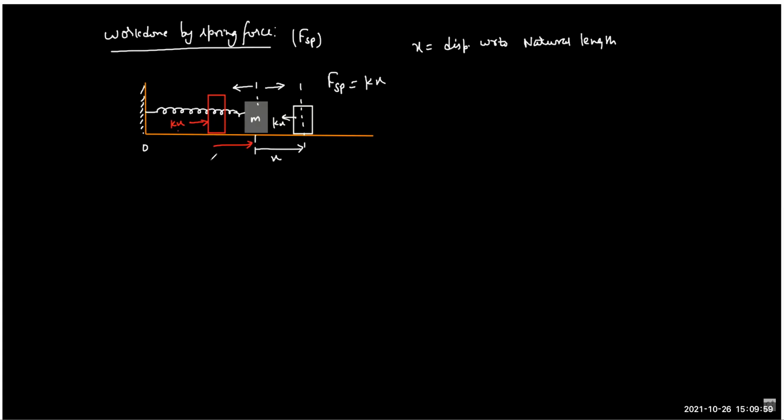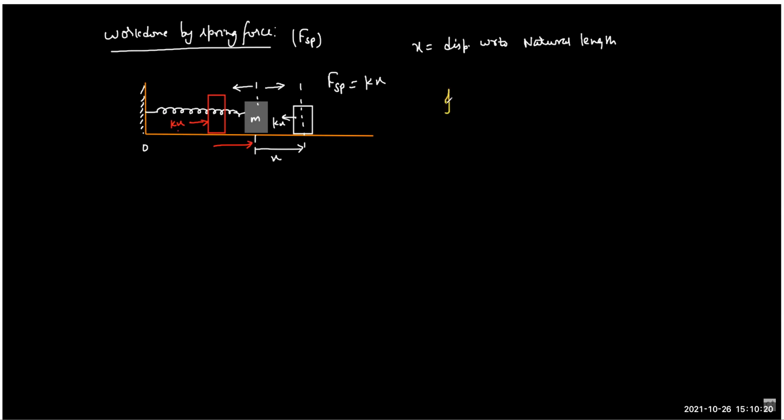So that also reveals the fact that work done by spring can be positive or negative. So what we need to really understand is that whether it is taken from the natural to deform or vice versa.